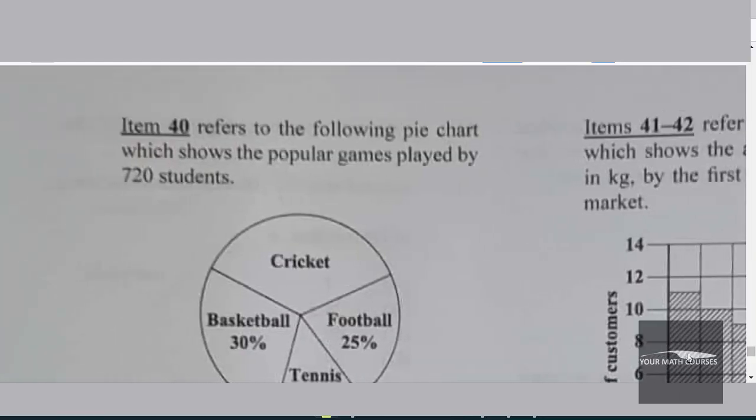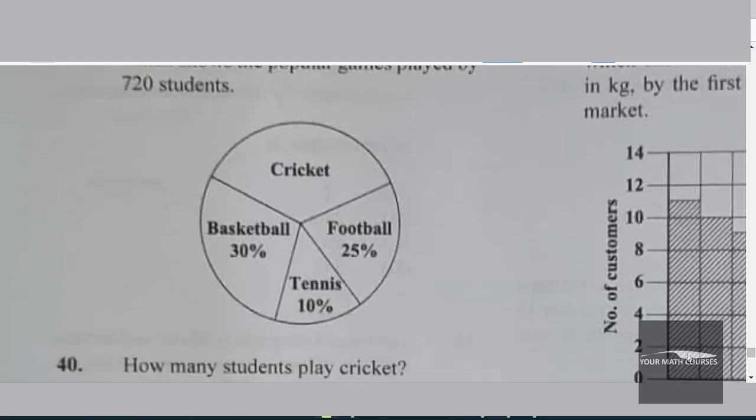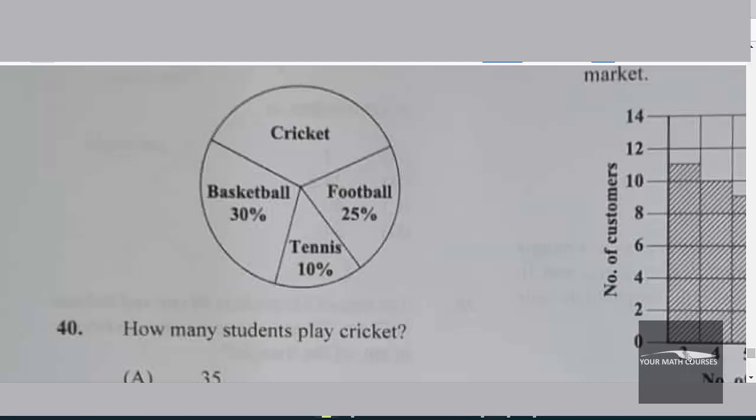Item 40 refers to the following pie chart, which shows the popular games played by 720 students. How many students play cricket? So we know the total percentage is supposed to be 100, and as at now we have 30, 10, 25, and that is equivalent to 65.